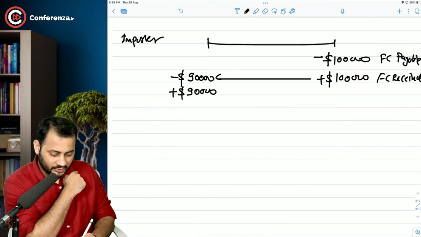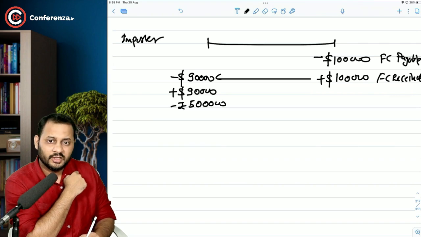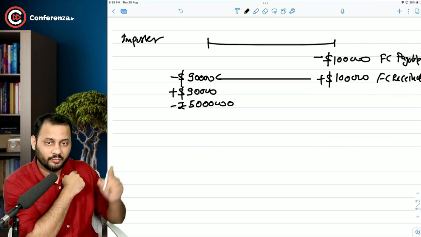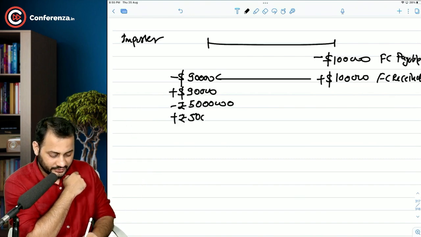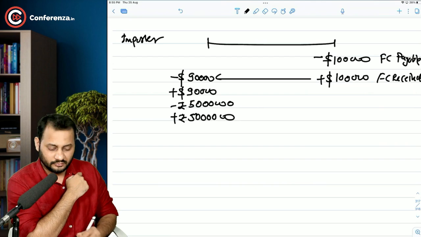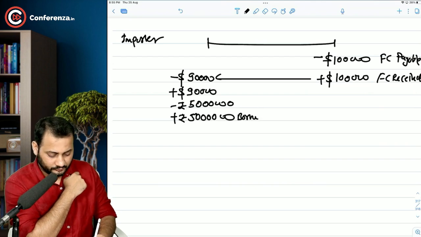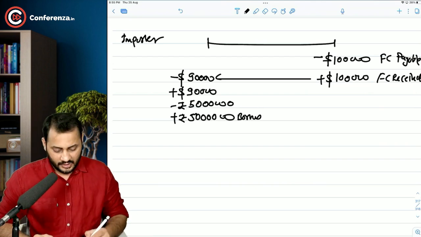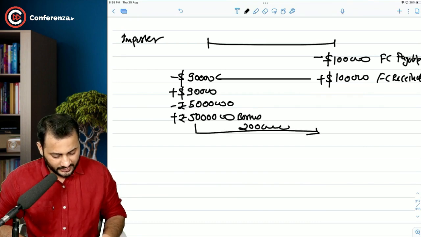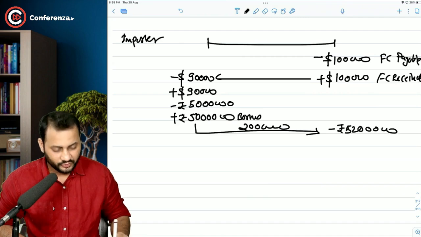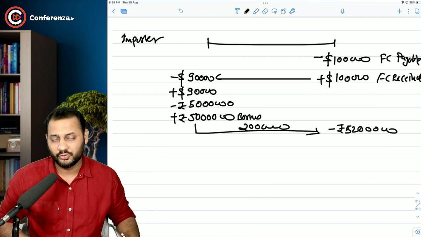And in order to buy the dollar, you will have to make the payment in rupees, let's say 50 lakhs. And to make that payment in rupees to the bank, you will have to first borrow that rupees from India. That's it. And what will happen? At the end of expiry, 2 lakh rupees will be added, and you will have to make the payment of 52 lakhs in India itself to the Indian bank from whom you borrowed.